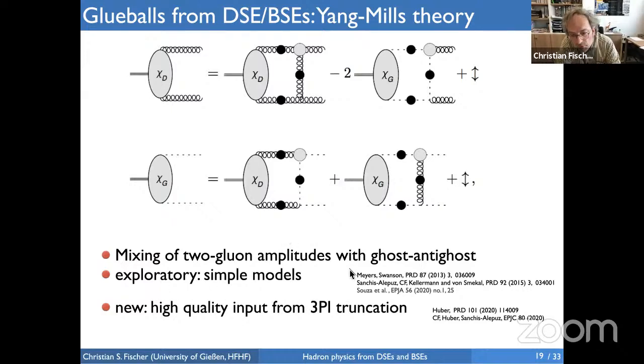There have been a number of groups working on this issue with simple models. And what is new now is that we managed to do this calculation with a very, very high quality input from such a 3PI truncation. So a truncation which includes Dyson-Schwinger equations for the gluon, the ghost, the 3-gluon vertex, the ghost-gluon vertex, the 4-gluon vertex, coupled together self-consistently, and then use this input in these equations.